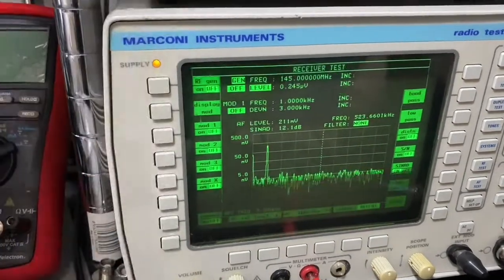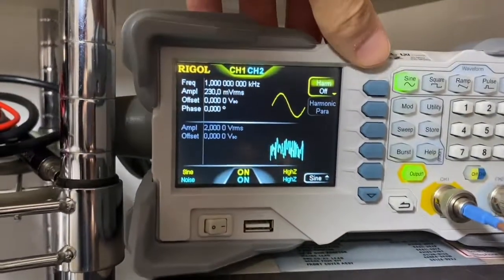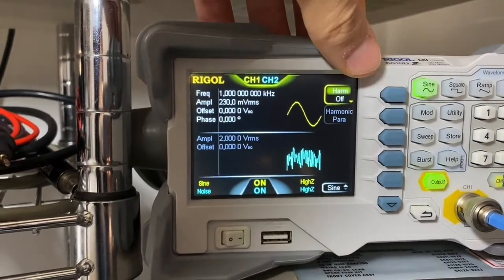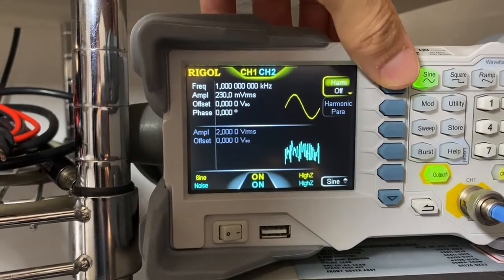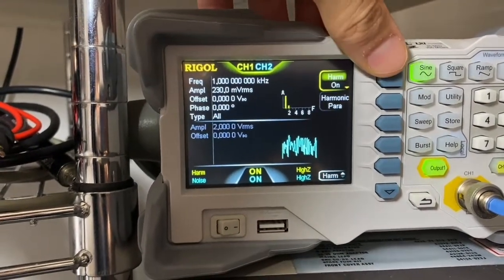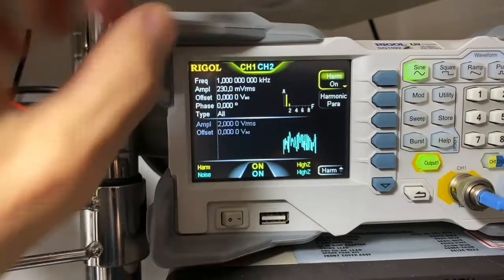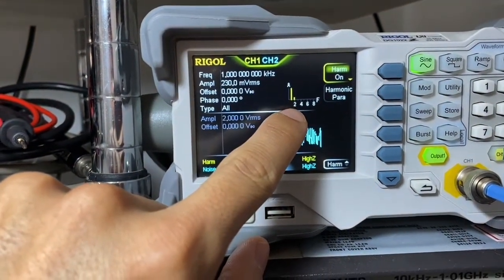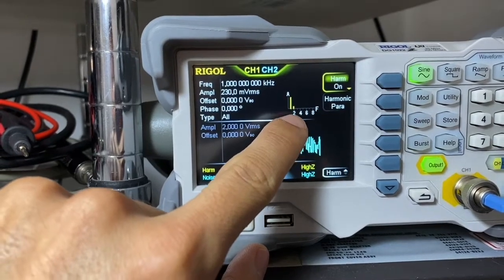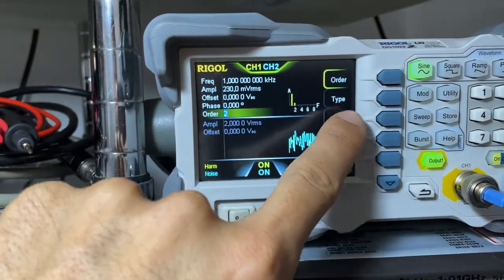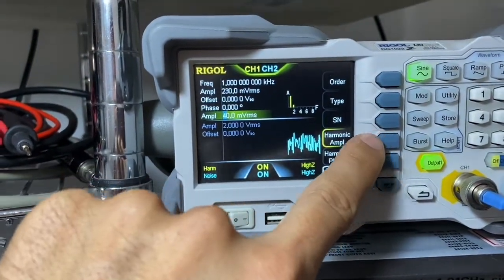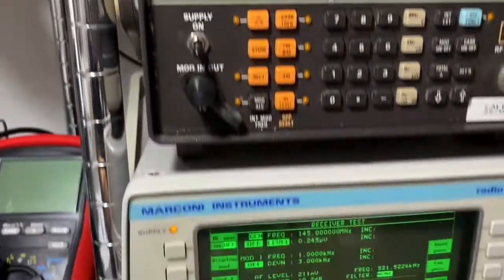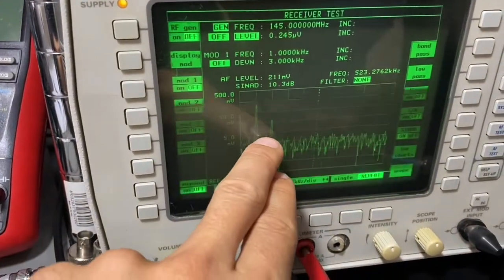Now if I go and switch on some harmonic, I'm effectively distorting the signal. I switched on the second harmonic, as you can see here, up to 40 millivolts, and we can see it appearing here.